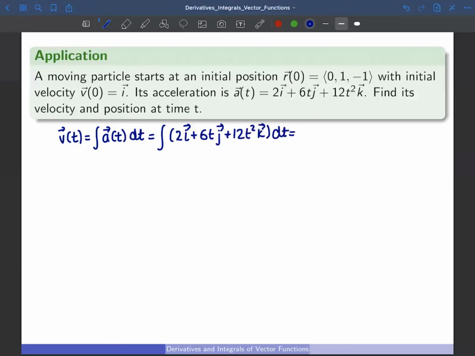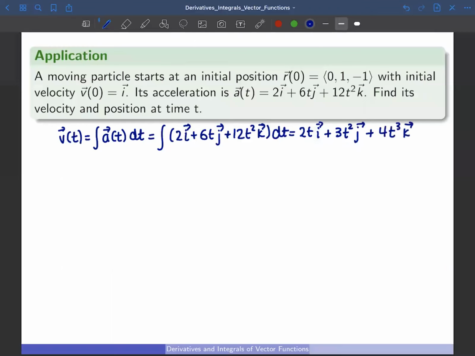So this is equal to the integral of each one of the component functions. The integral of 2 dt will give us 2t times the vector i, plus the integral of 6t dt will give us 3t squared times the vector j. And then the integral of 12t squared dt will give us 4t to the third times the vector k.